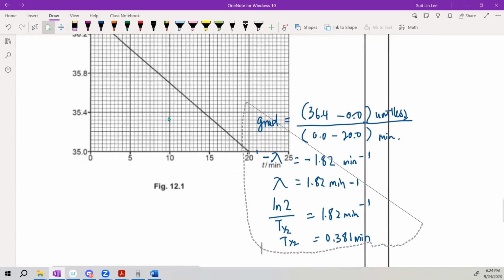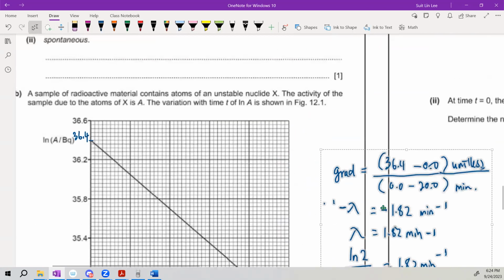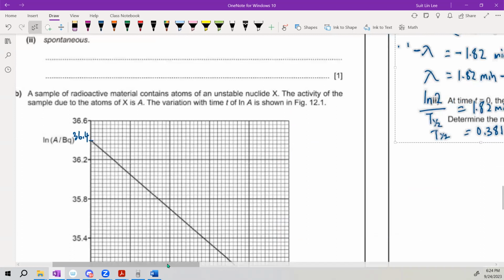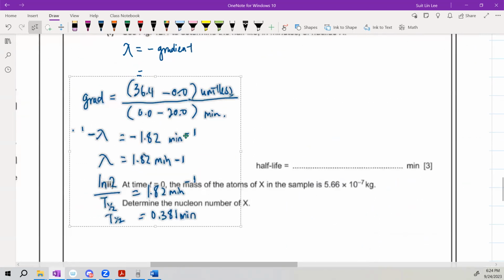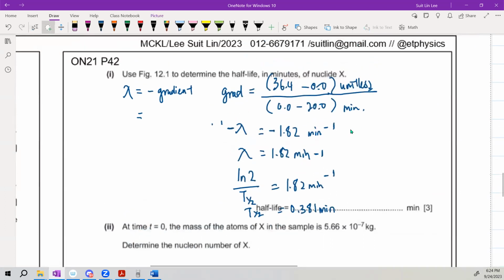Also, I want to think about how you can find the nucleon number from the mass, because hopefully students who did this question before winter 22 will be able to make that connection. Okay. Lambda is negative gradient is 1 mark. I think if you reach here, you'll get 1 mark.